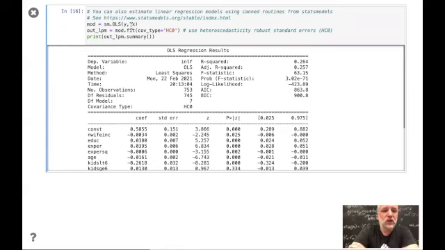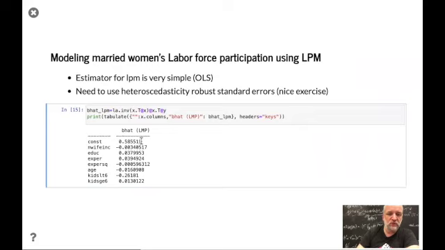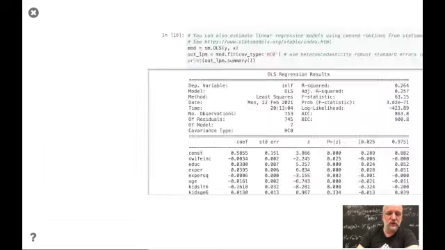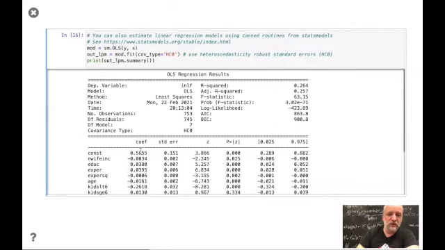And do OLS regression of the same model. Okay, so here we get the same coefficients as we just had over here. So 0.58 and minus 0.03 for non-wife income. These are exactly what we have here. And the standard errors, well, here you can add the option of getting heteroscedasticity robust standard errors.